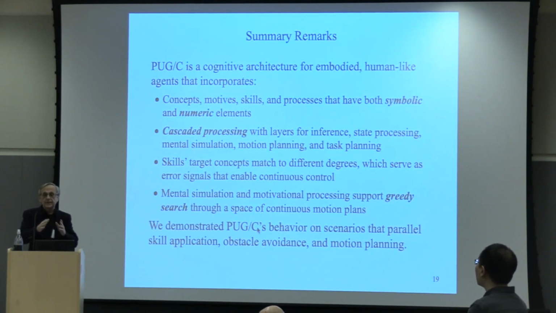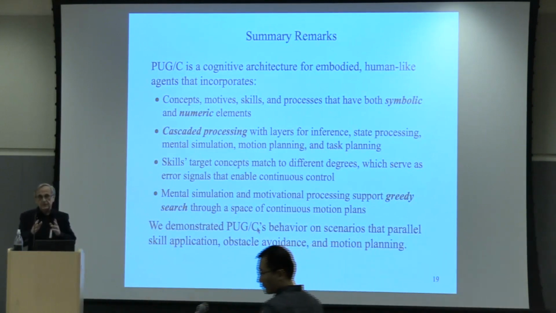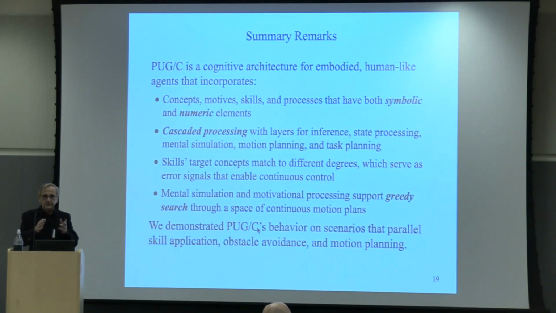No, that's a good question. I'm glad you raised it. It's one of the ways in which Icarus and Pug differ from some of the more traditional architectures like SOAR and ACT-R. Goals are simply desired beliefs. The only way to know whether you have satisfied a goal is to see whether the corresponding belief is true. If the belief is more true, then the goal is more nearly satisfied. And there's a threshold.